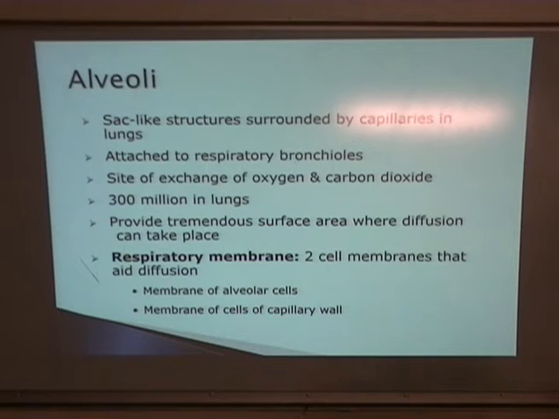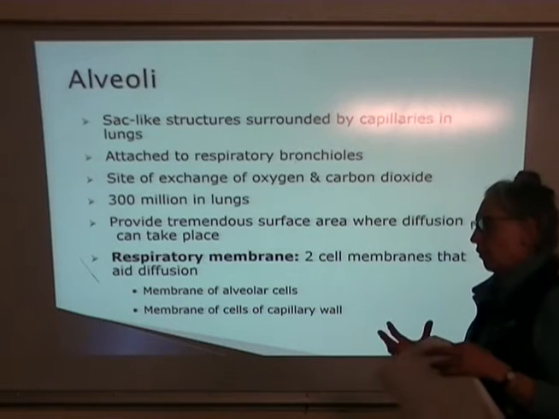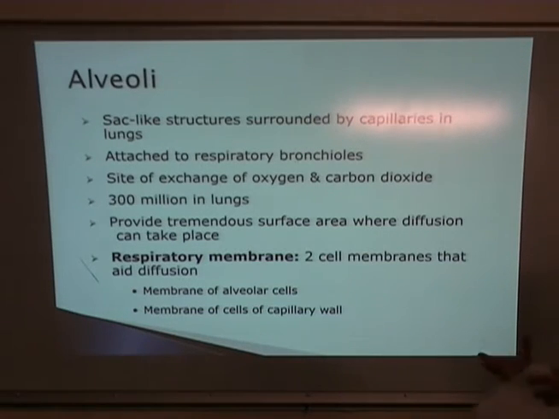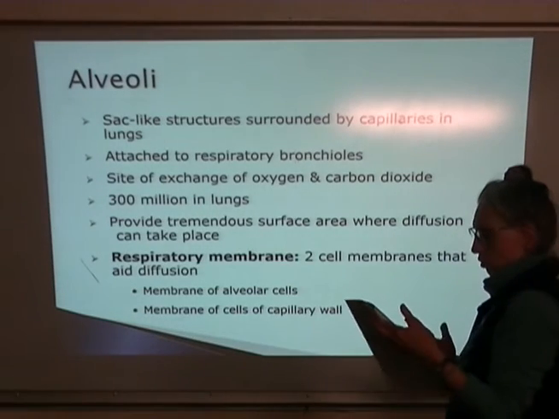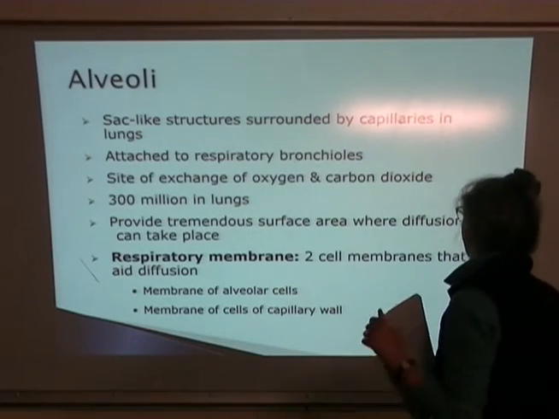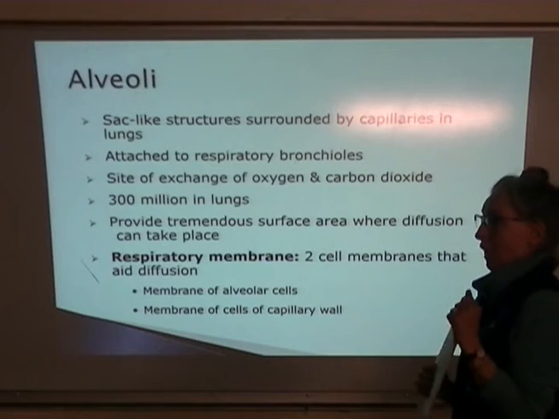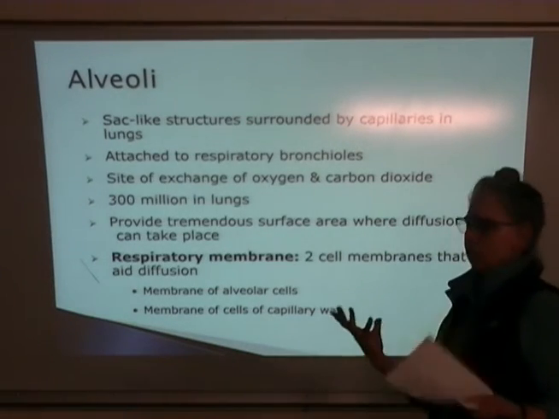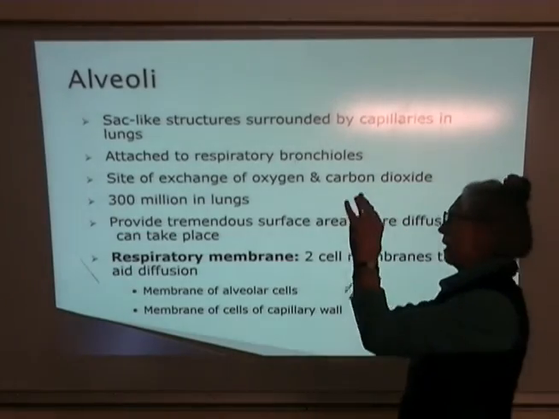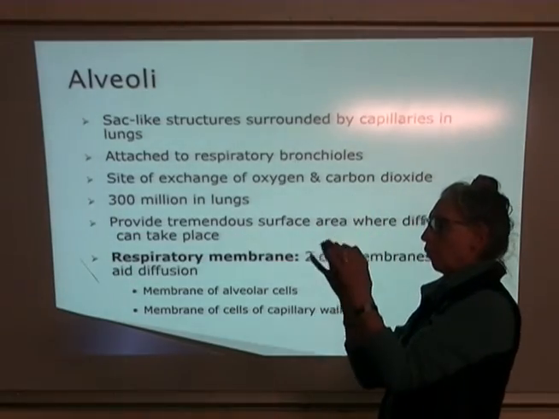On average, they reckon that there's about 300 million alveoli in an individual's lungs. How they get that number, I'm not entirely sure, but that's what they average it at. So you can imagine 300 million of these little balls.